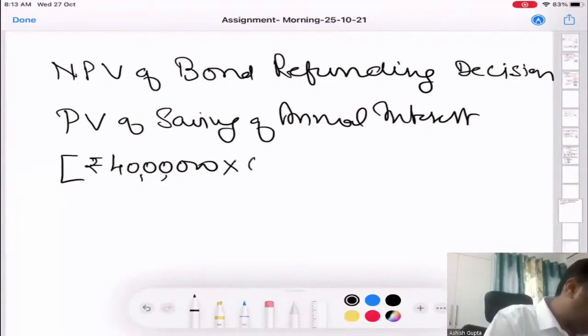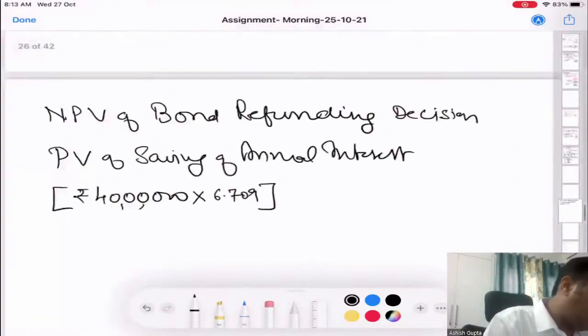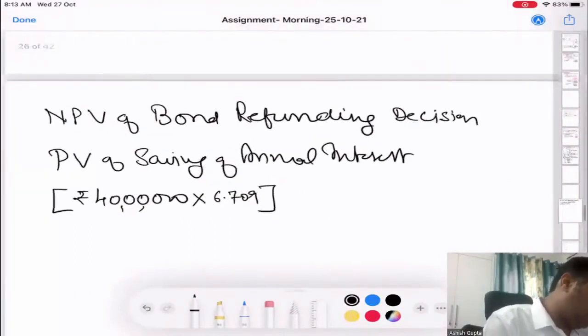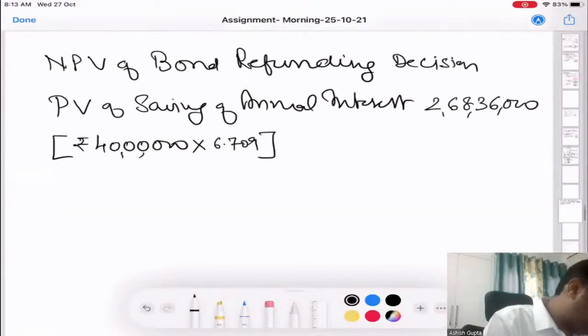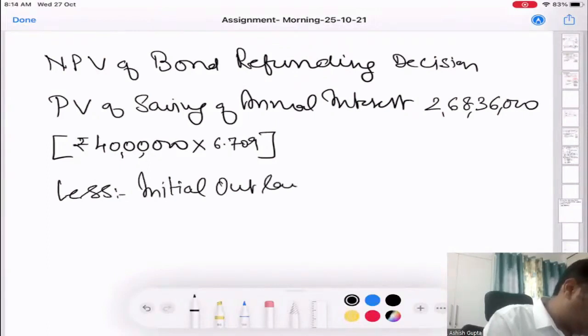Now we add up this amount. I forgot to draw the table, no problem, I'm writing here. Now initial outlay.